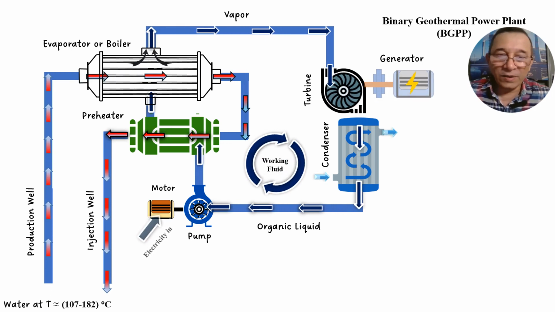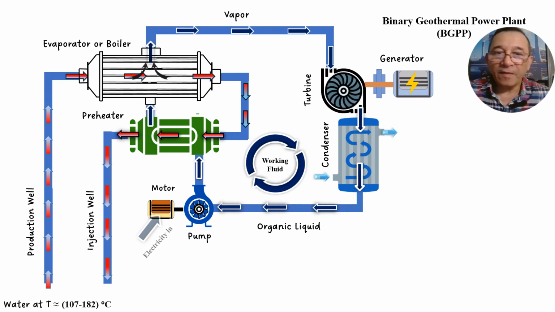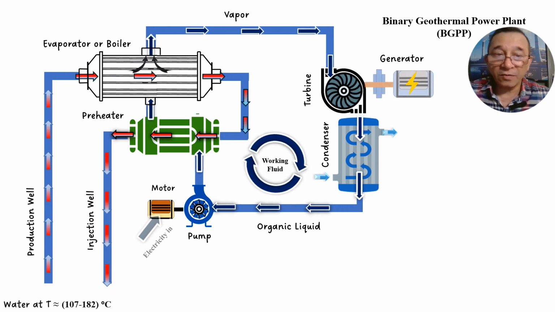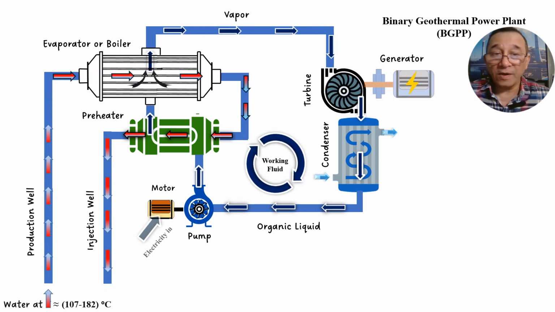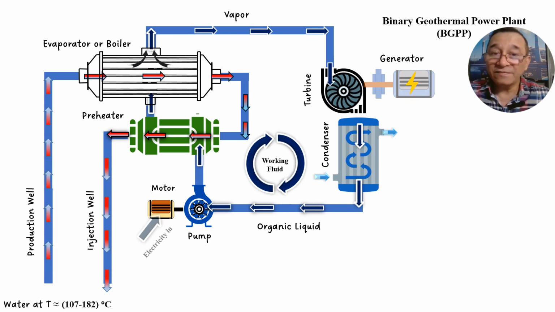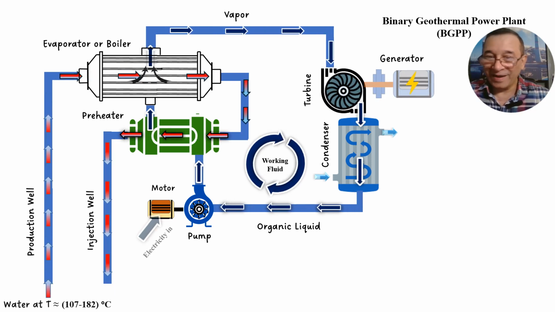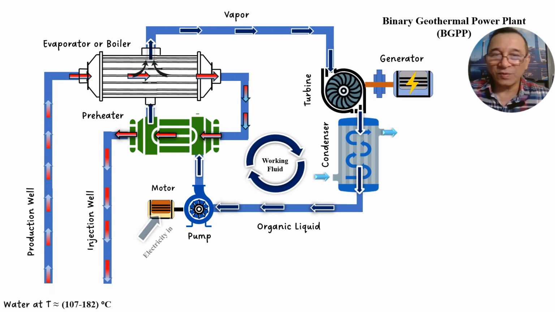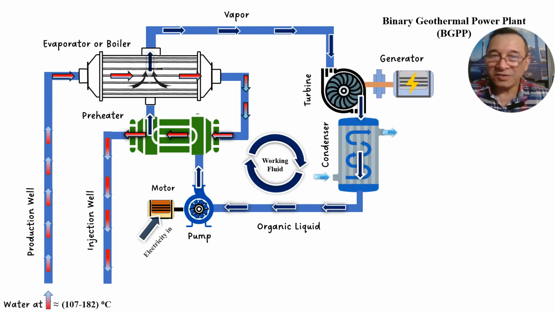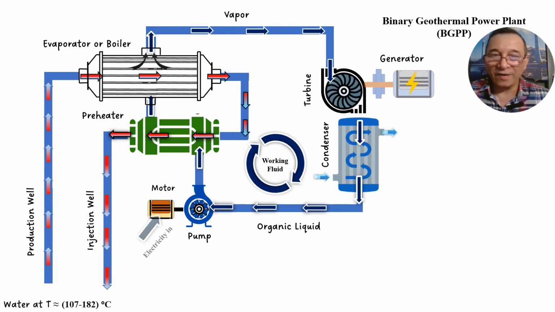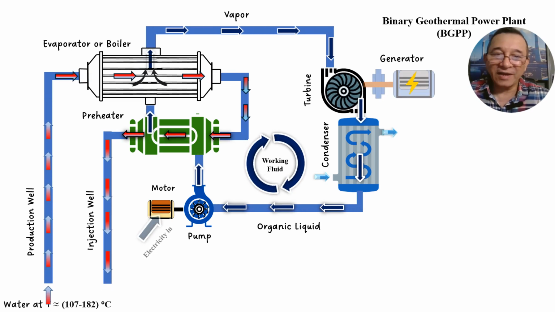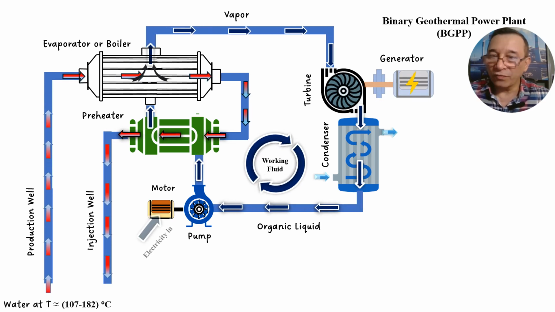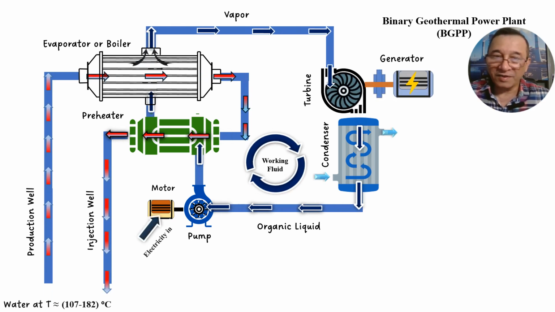So what happens here is that the hot water passes through the heat exchanger, which is an evaporator or boiler, and when it leaves, it passes through a preheater. This is to get as much energy as we can from the hot water before rejecting it back to the injection well, and in this way we improve the thermal efficiency of this cycle.